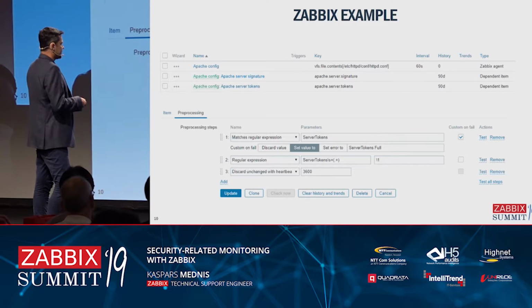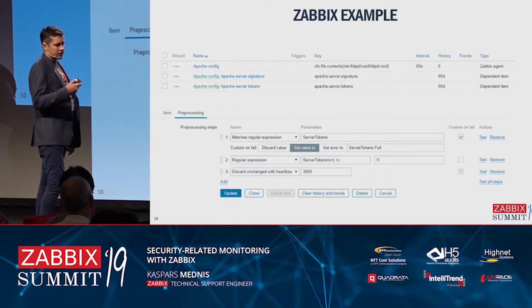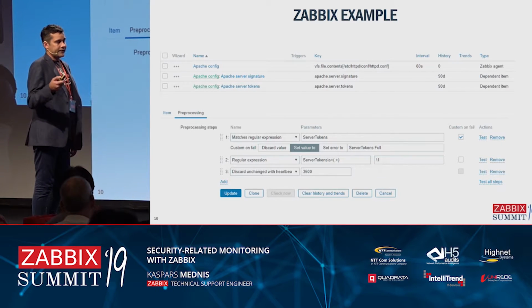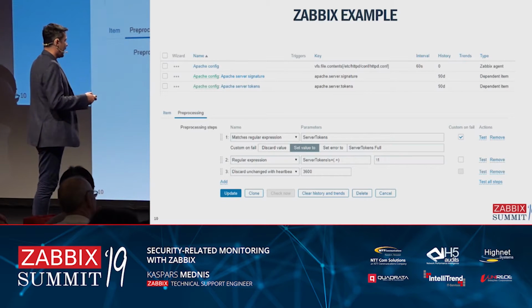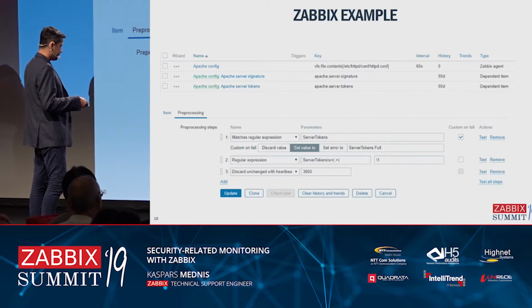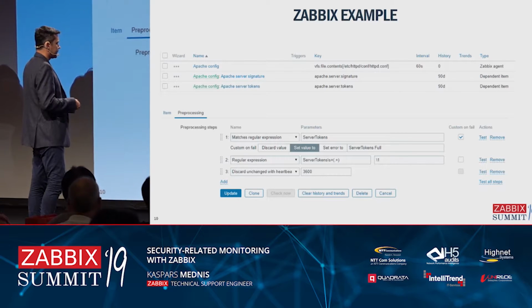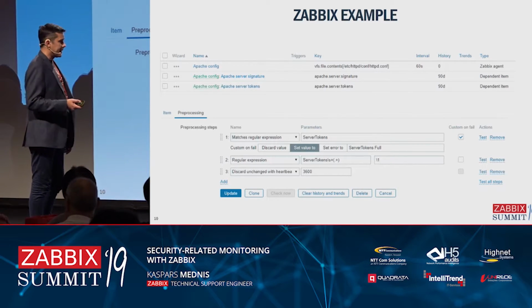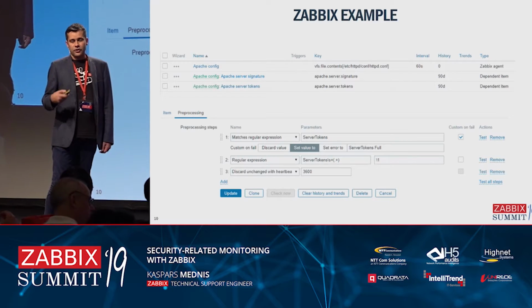If the information is not found, this means in the config file it is the default, so I'm setting this to default here. I'm using this monitoring in a very efficient way because your config files are not changing constantly.